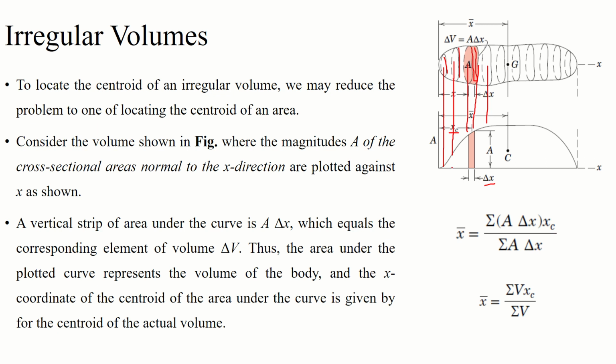Now with this curve, the area under the curve will give you the center point of the volume, that is x dx. This will become the small volume, that is dV. And from this we can find the value of the center position of the particular sliced volume. This is going to provide us with only the x-axis, and we can find the position along other axes also. This is just for the x-axis.